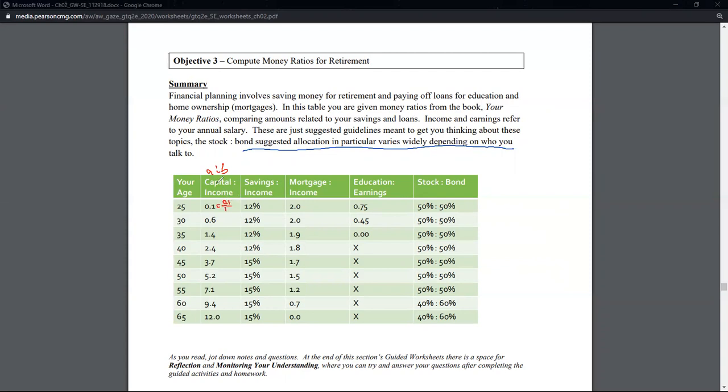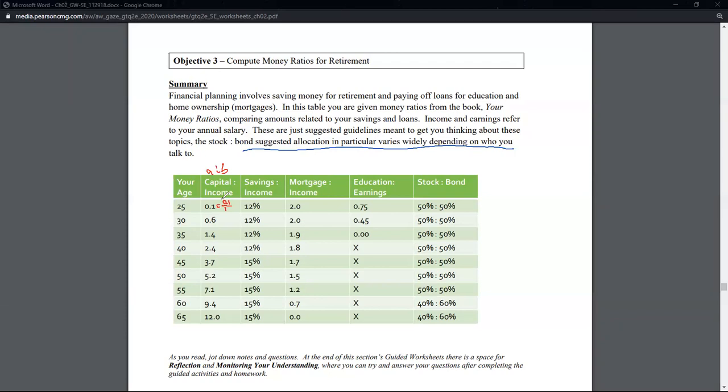So they're saying that your capital should be 0.1 and your income should be the 1. Now, they're not saying that you make $1 and that your capital, the money you've set aside, should be 10 cents. They're saying for every dollar you make that year, you should have 10% of that, or 0.1 of it, put aside into some type of savings, retirement, stocks, bonds, whatever.